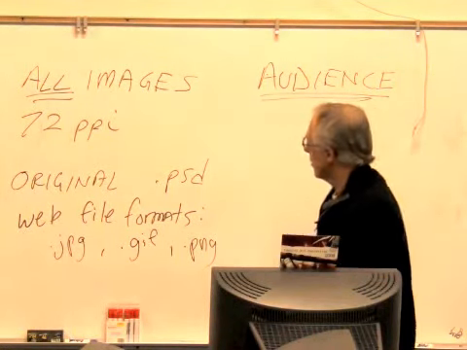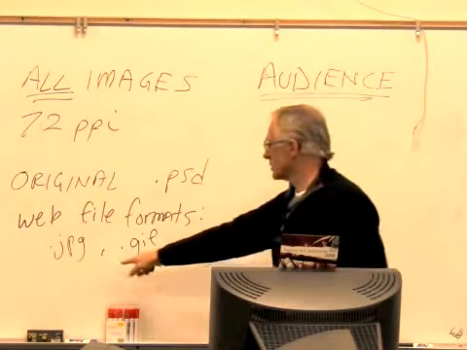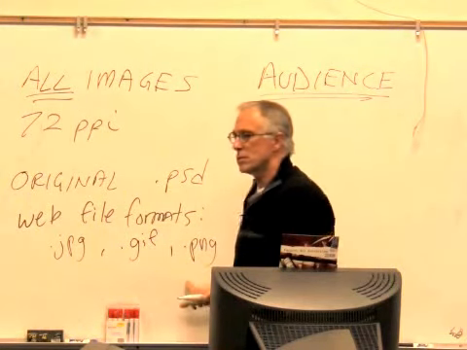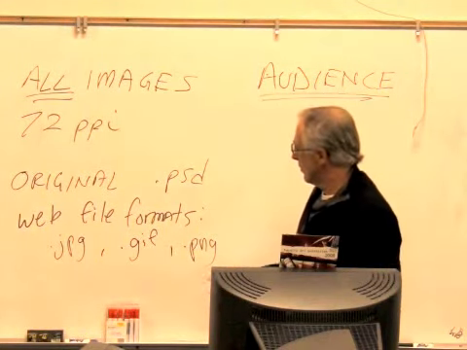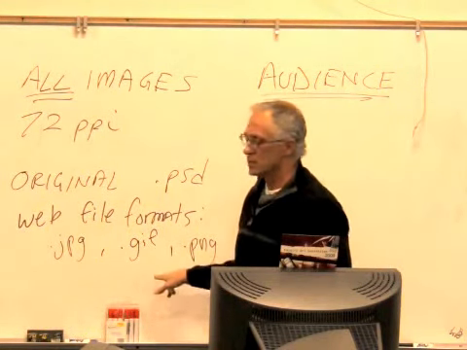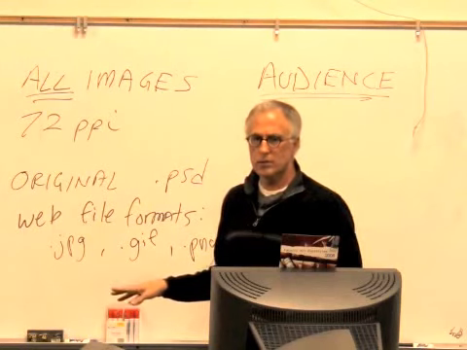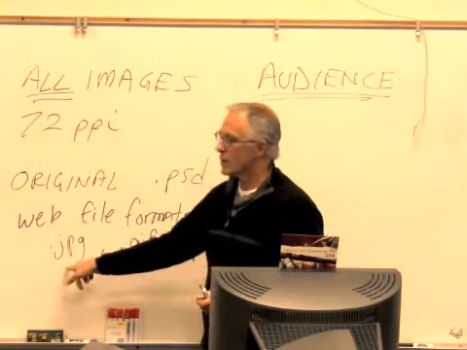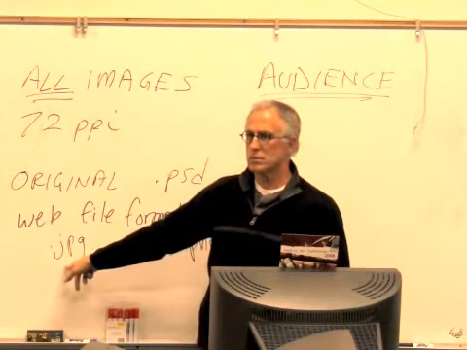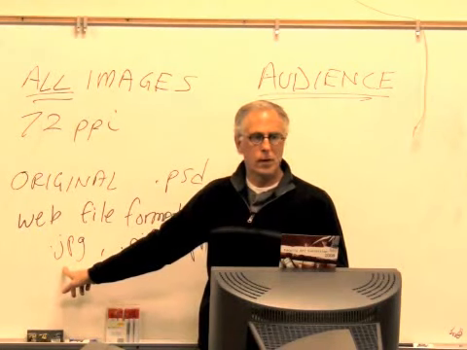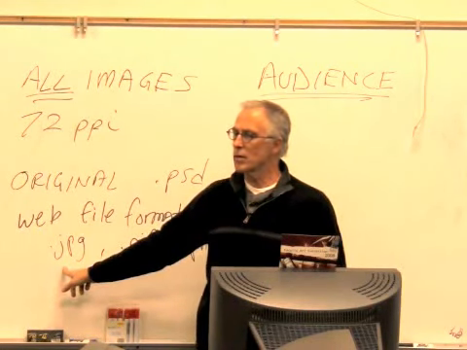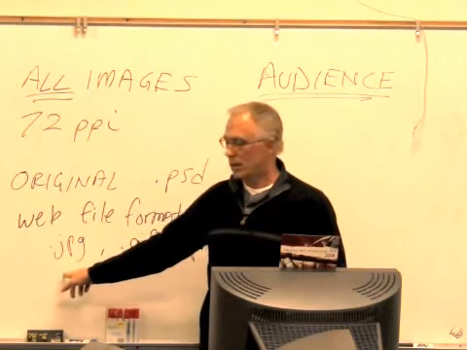Okay? So which of these file formats do we use? There are basically two different kinds: lossy and lossless. JPEG is a lossy file format. Everybody know that? Or have you heard about that before? Lossy and lossless.